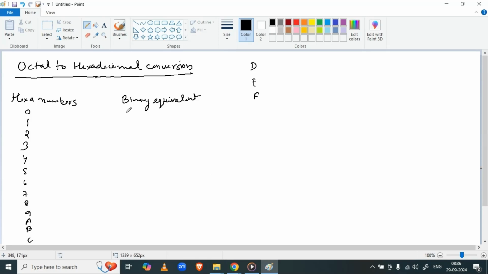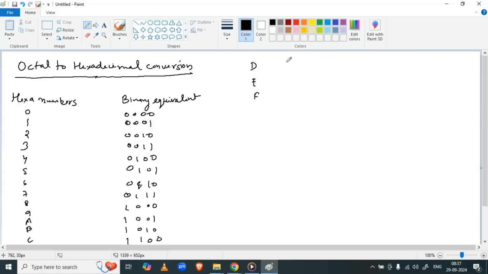We write the binary equivalent of the corresponding hexadecimal numbers. This is my table of hexadecimal numbers and the binary equivalents.